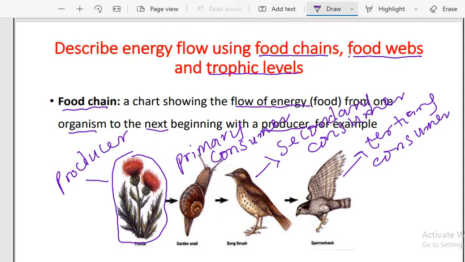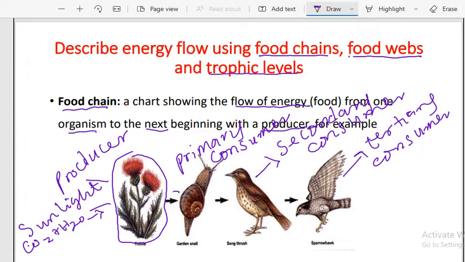And the major source of energy for this food chain is sunlight, because the producer is able to photosynthesize using carbon dioxide, CO2, and water to make glucose and oxygen. If you watch our previous video, you should be able to explain that process of photosynthesis.